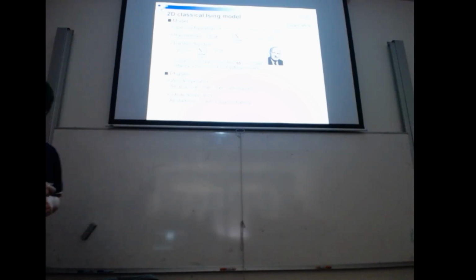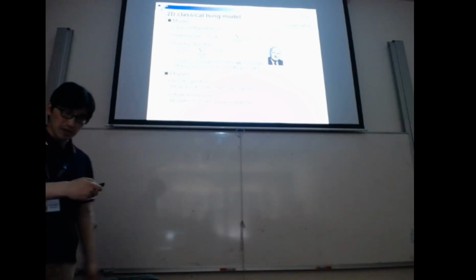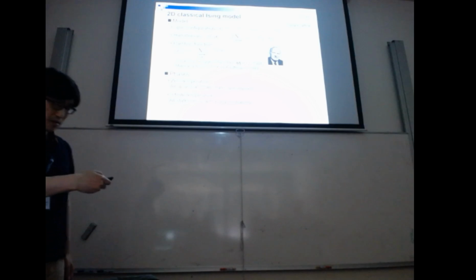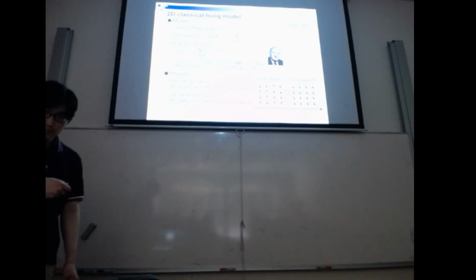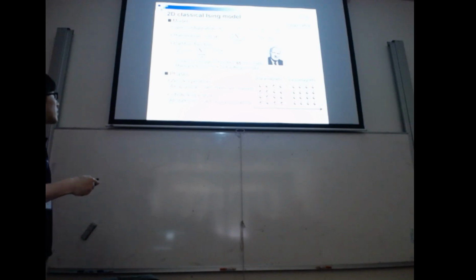But at infinite temperature, corresponding to beta equals 0, all states occur with equal probability. So this is the paramagnetic state. And this is a schematic phase diagram of the model as a function of beta, the inverse temperature. And so, in these two extreme limits, the physics is simple.